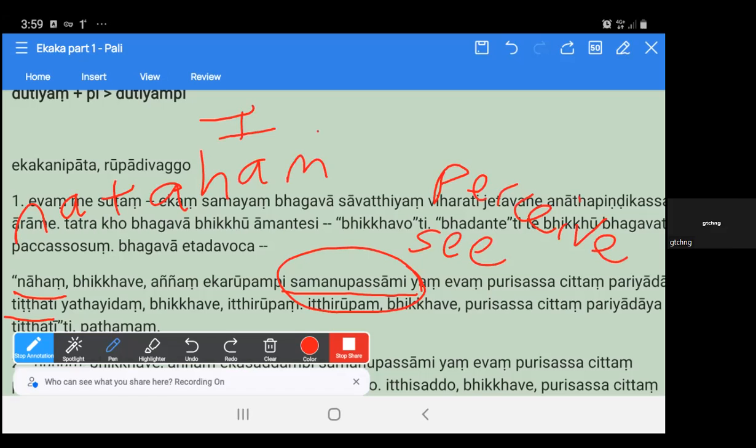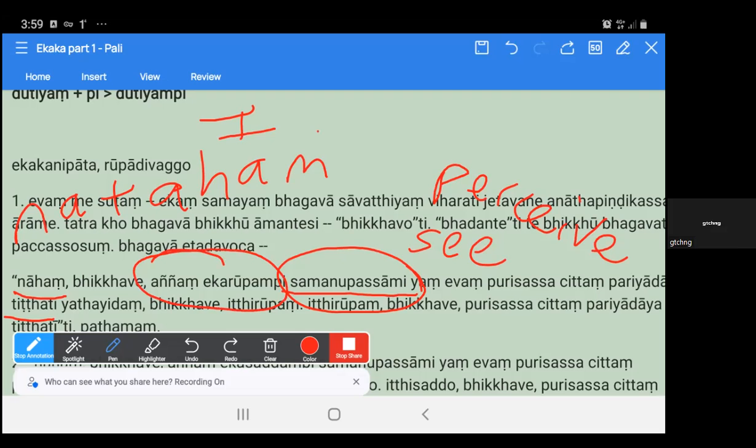Pasami is see, but samanupassāmi has many prefixes, so the meaning is perceive. So Nāhaṃ bhikkhave aññaṃ ekadhammampi samanupassāmi. So the Buddha does not see aññaṃ, any other one form.